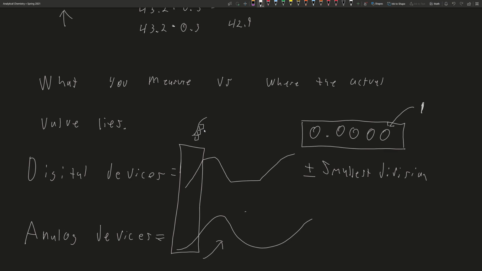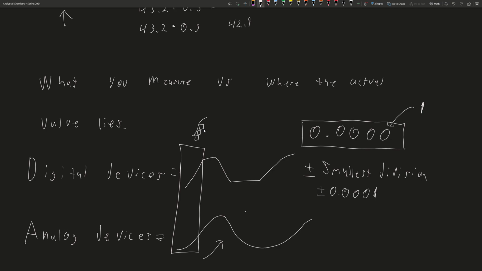So the uncertainty on all of our scales at the school, or at least the analytical balances, that is, are plus or minus 0.000. So this is our analytical balance uncertainty that is associated with.